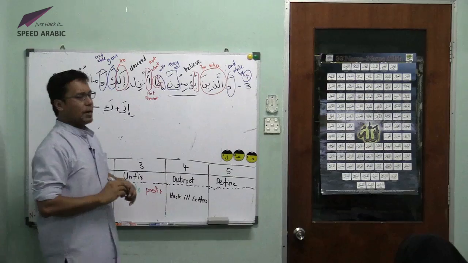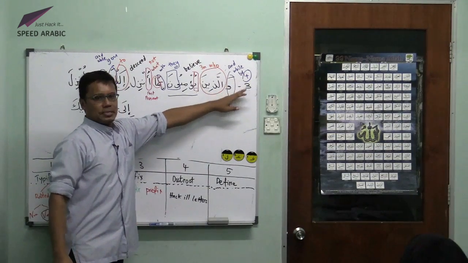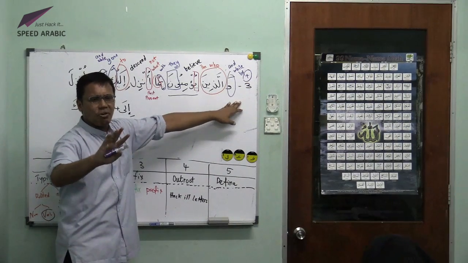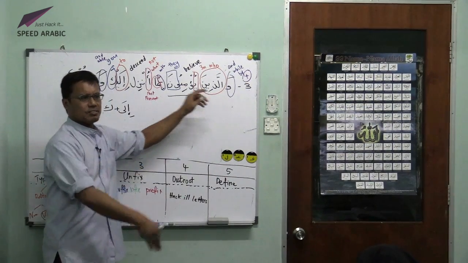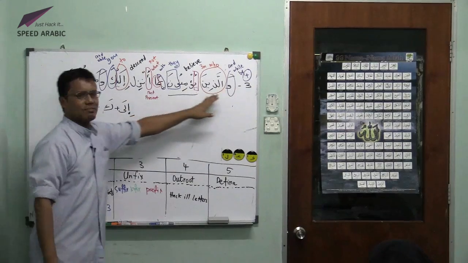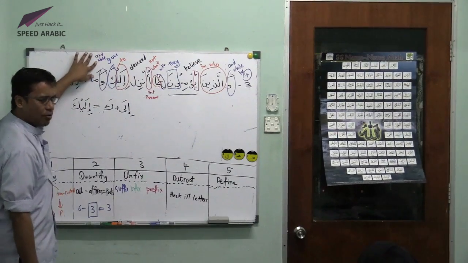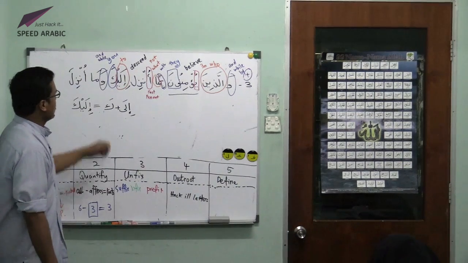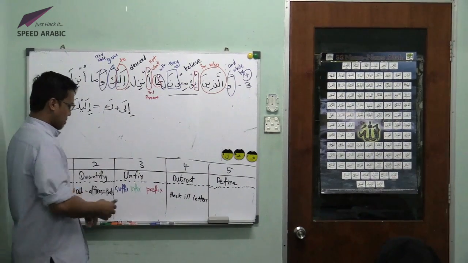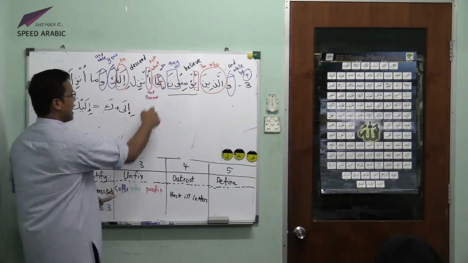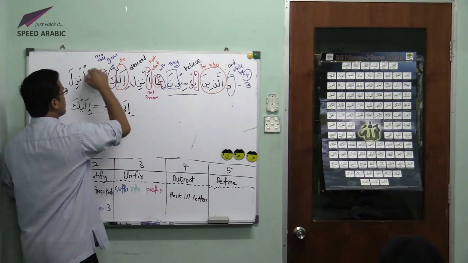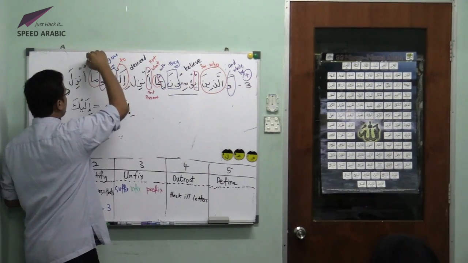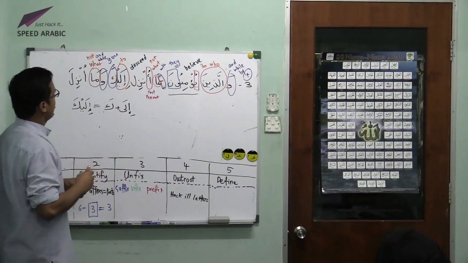By usually happens at the front, like wal asri, by time. It's not common, that's why I didn't write the word there. So whenever you meet a wa which is not at the front, you just write two things, and or while. It can be either one of them. Okay. This ma can be, we had this before, what or not.